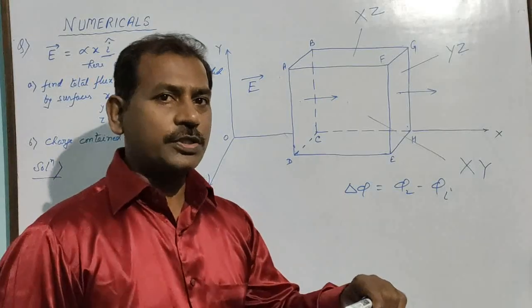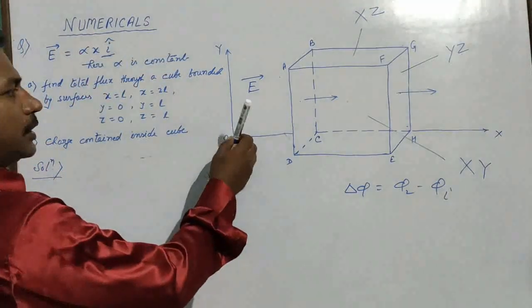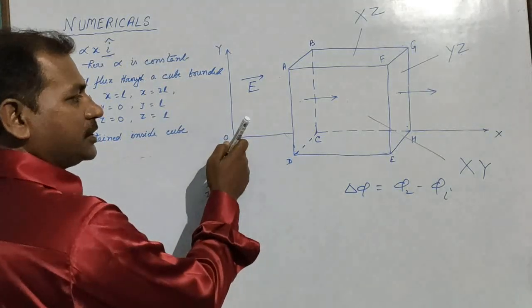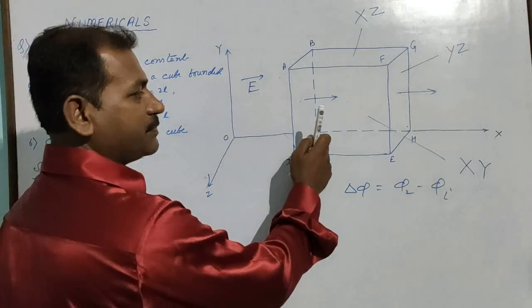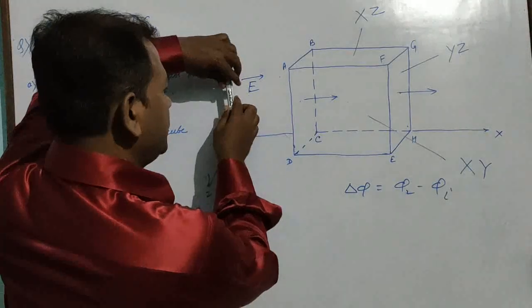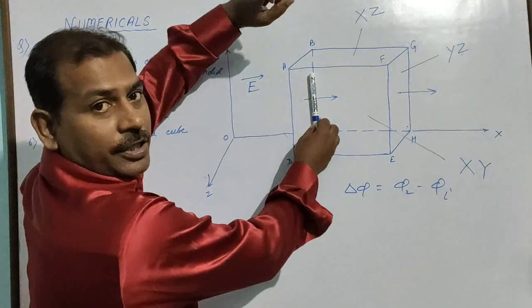Now, in any other question, you can be asked that this particular origin or the field intensity starts from this particular place. That means this origin is shifted here, right?